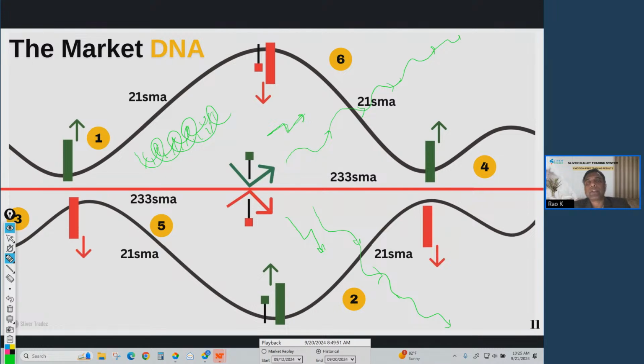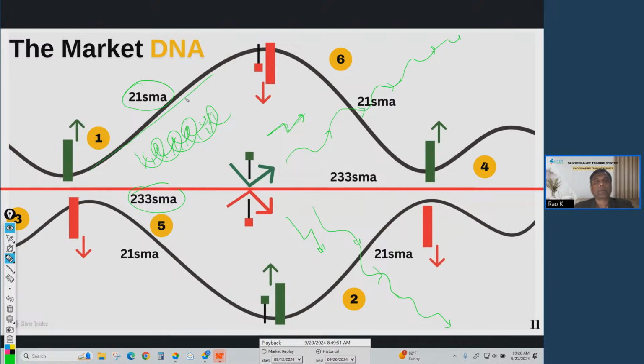It has to have a context. To understand the context, we use two moving averages, the 21 moving average and the 233 moving average. Simple moving averages. We don't use any exotic moving average. Simple is enough. So if you put in skeletons and bones and muscles, we get a shape like this.